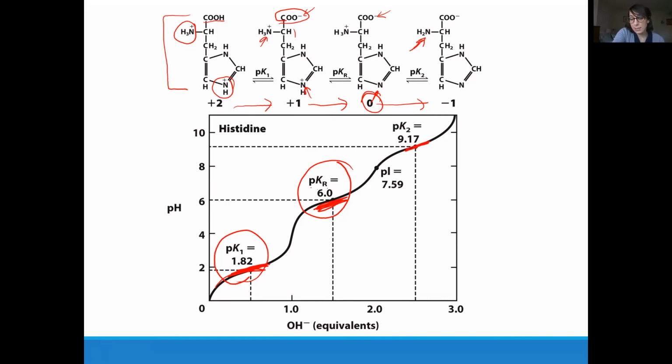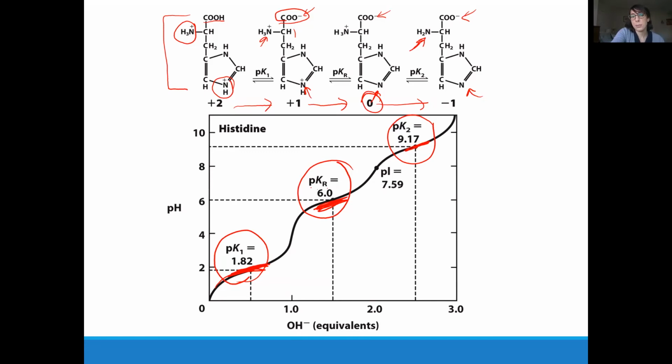And for this amino acid, that means that when we lose that final proton from the amino group, the net charge that is left is -1. Notice that both these groups now are neutral, and we have a negative group on the histidine.